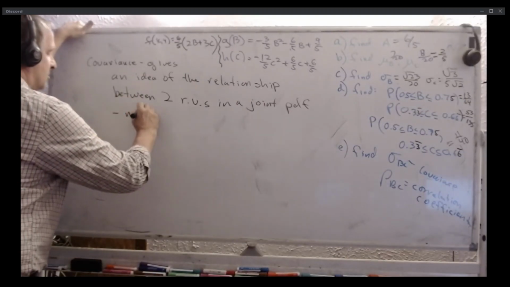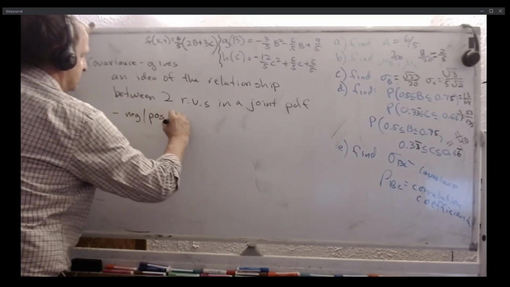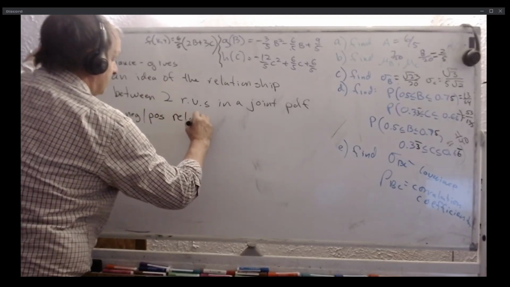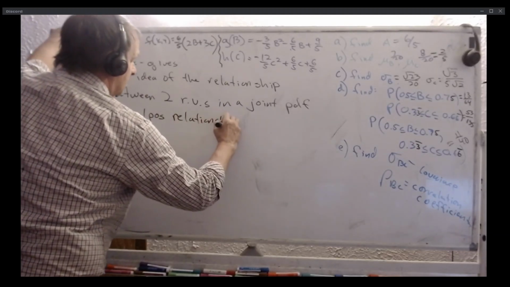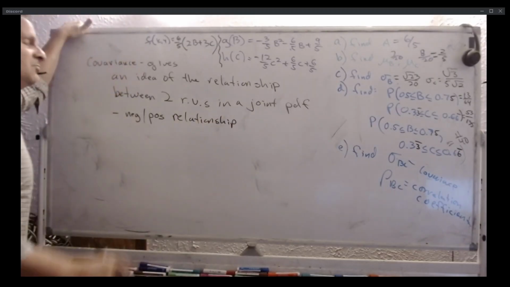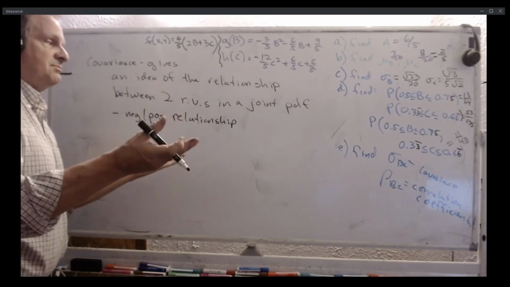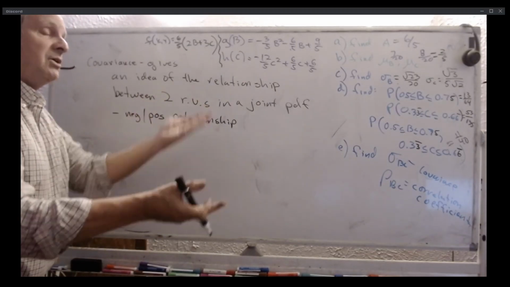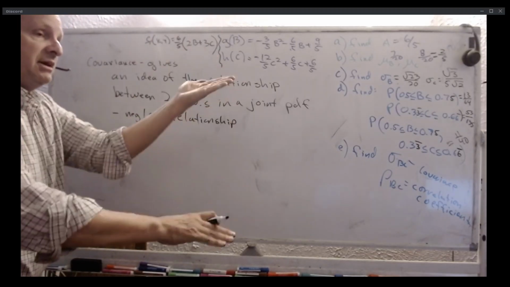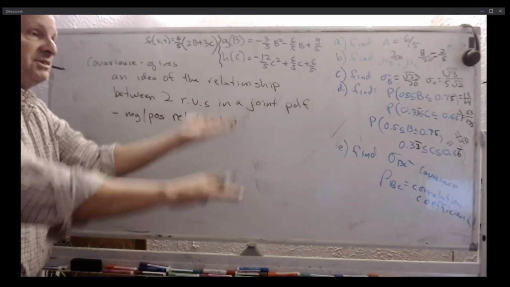It gives us not only the negative or positive relationship, which we've already found out. We already theorized that the relationship would be negative, right? If one variable goes up, the other will have a tendency to go down, and vice versa, right?